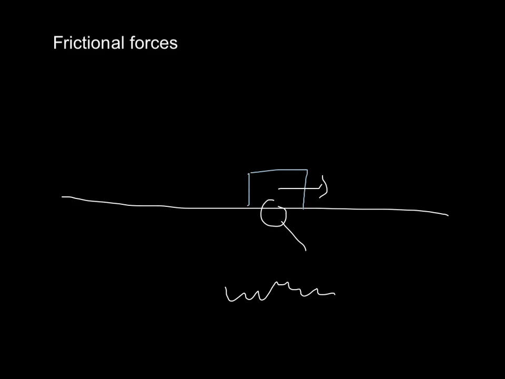And because it's rough, like this, these parts push on each other, and the whole thing does not move. Now, however, there will be a point when the force that I do is enough to get this to start moving. This is the maximum friction force. So this will do a friction force that's exactly equal to my force until I reach this maximum friction force.